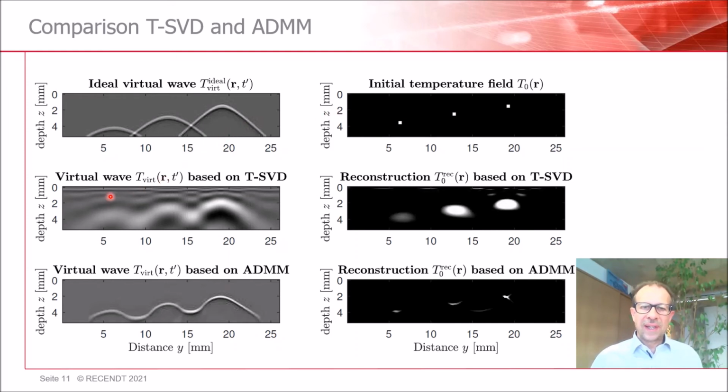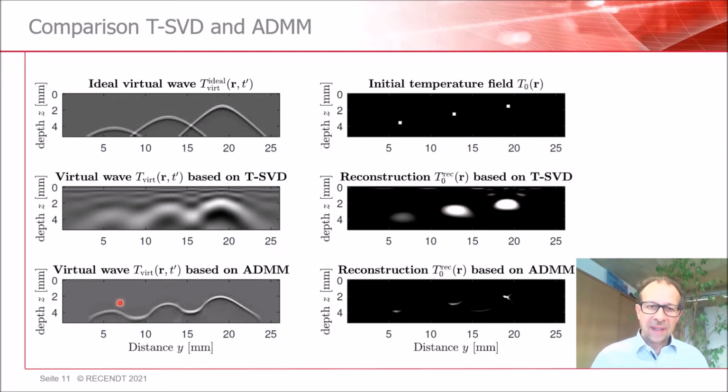If you take the truncated singular value decomposition, which does not take into account the additional information of sparsity or positivity, then you see that the virtual wave is rather blurred, especially for the deeper structure. You see that the blurring is rather high, and if you do the FSAFT reconstruction from that virtual wave, you see that the deeper structure has a very low amplitude and you get rather high blurring.